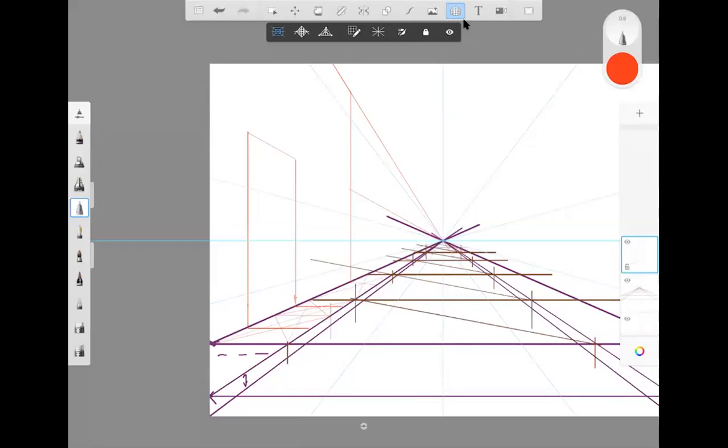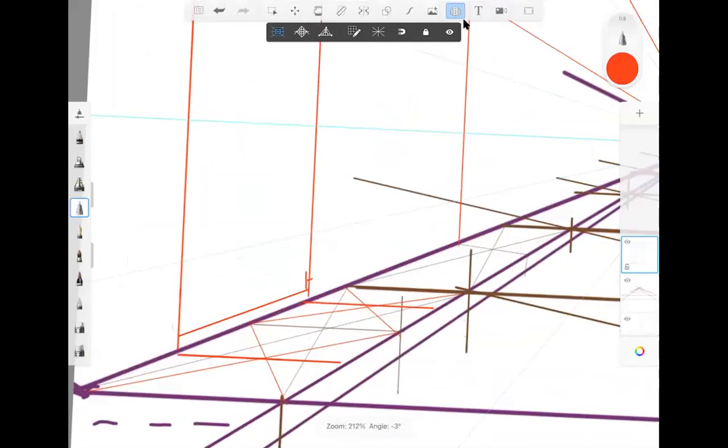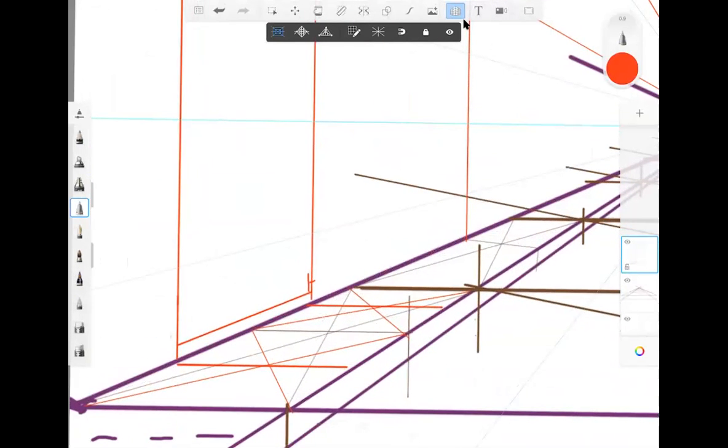Let's just give a thickness to the door. So make a decision on the bottom. How wide would the door be? Think about your perception of the height and width of the door. How wide would it be? How wide would the door frame be? I'm just going to draw it like that. Let's extend this line in there.